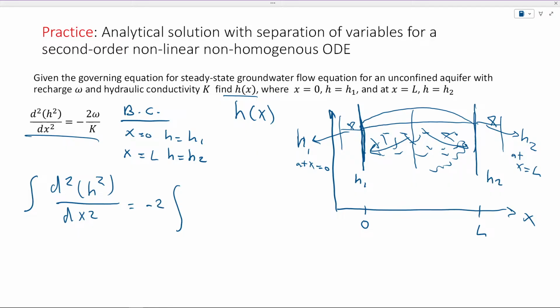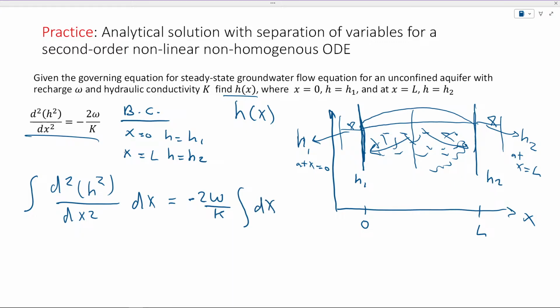The recharge is constant and k is constant also, so you integrate this with respect to dx, and you integrate this, negative 2wk, also with respect to dx.